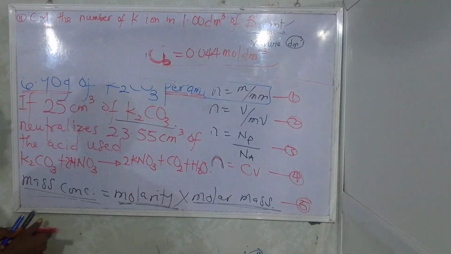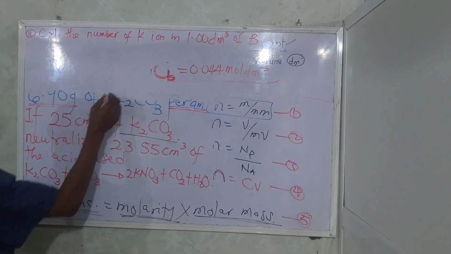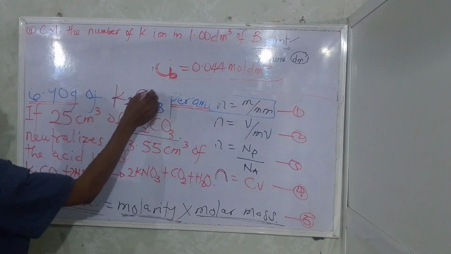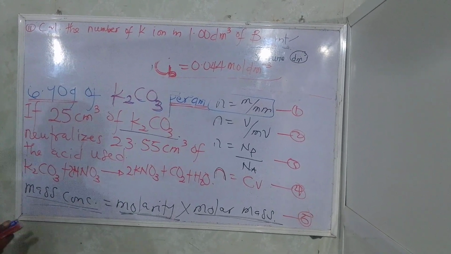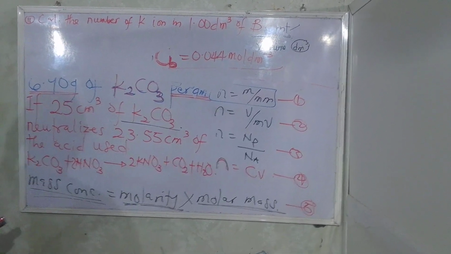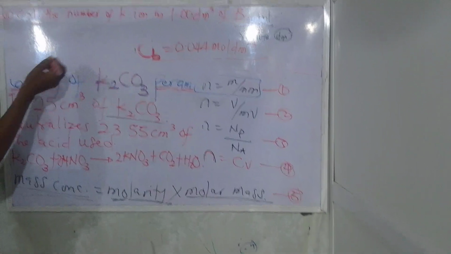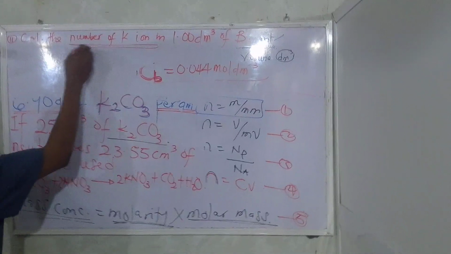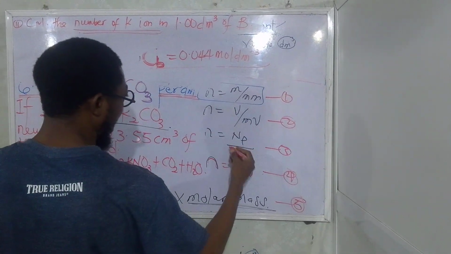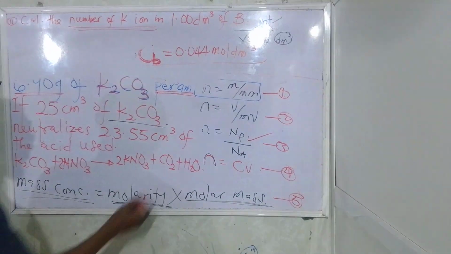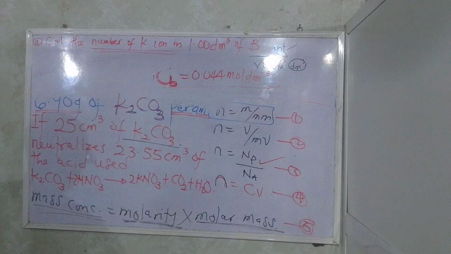Okay. Now, if you look at B very well, you can see that B is actually K2CO3. And if you remember, when they ask you to calculate the number of ions, the formula they want you to use is that number of mole equals number of particles over Avogadro's number.